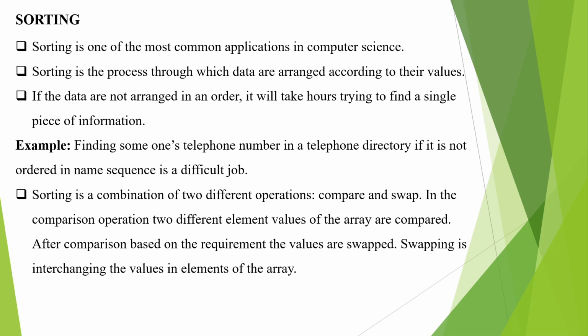Okay, so as we all know, sorting is another important common application in computer science. As we have seen searching as one of the common applications in computer science, sorting is also one of the most common applications in computer science.